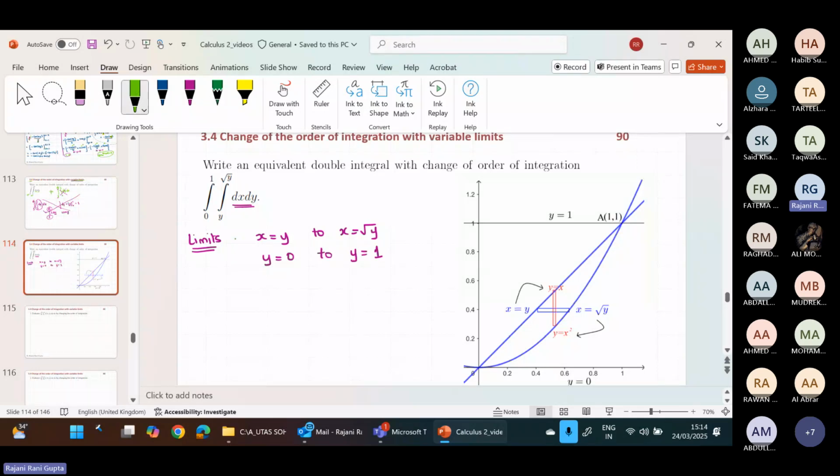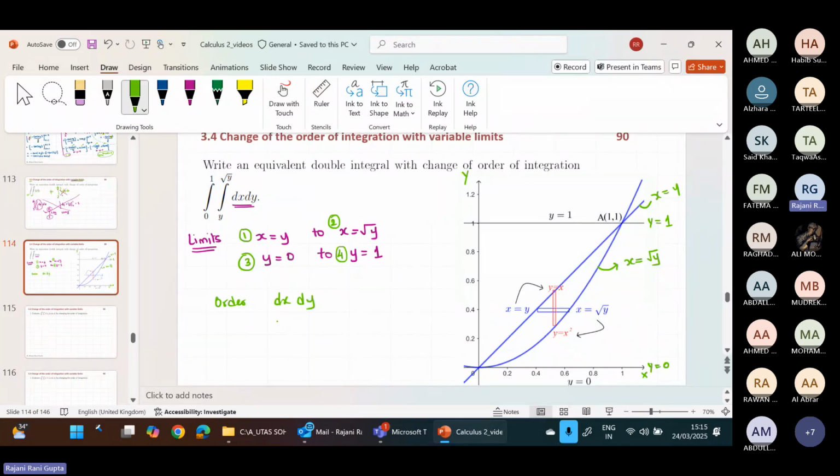So we have to plot all these curves: x equal to y, x equal to root y, y equal to 0, and y equal to 1. So this is your y equal to 0. This is y equal to 1, because this we are considering as y-axis and this is x-axis. This line is x equal to y and this curve is x equal to root y. So when we are doing integration, the order is dx dy.